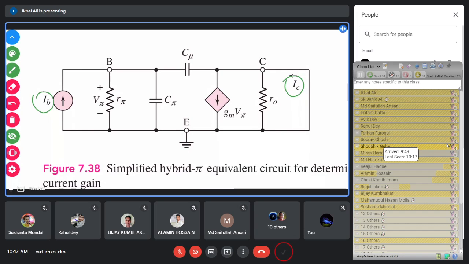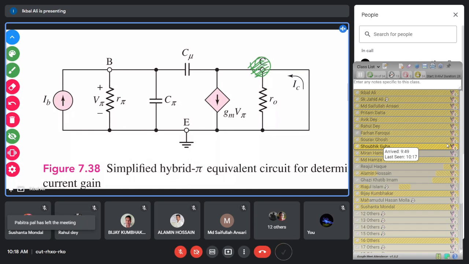So we apply the KCL equation at the output node, this collector.